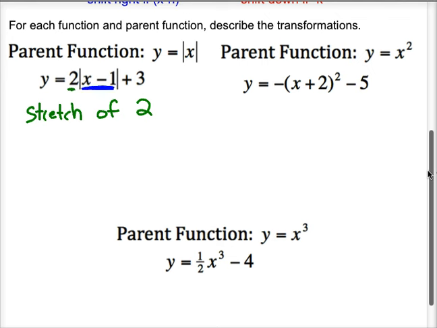When my x is being shifted, remember it's shifting in the opposite direction of what you want to think, so that is actually shifting it to the right 1. And finally at the end, this plus 3 means it's moving up 3. So to describe the transformations, that's what I expect to see.